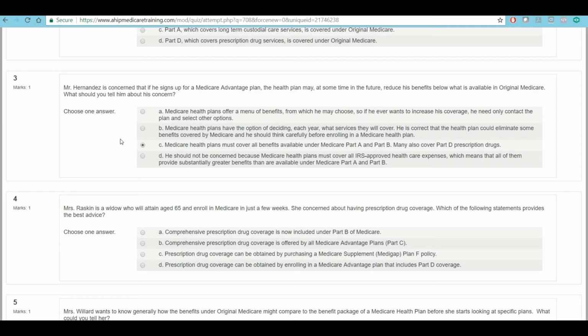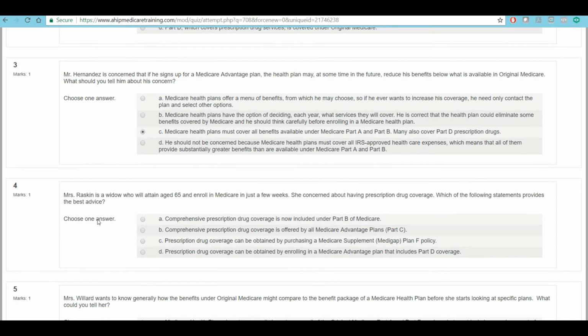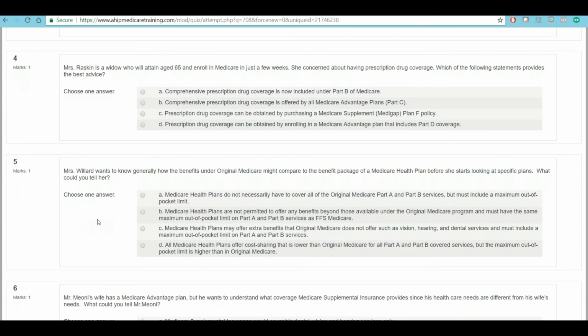And we're only comparing a Medicare health plan with Medicare A and B alone, not with a supplement. So on this C, Medicare health plans must cover all benefits available under Medicare A and B. Many also cover Part D prescription drugs. That's true. And we're talking about Medicare health plans, which are Medicare Advantage plans in that.